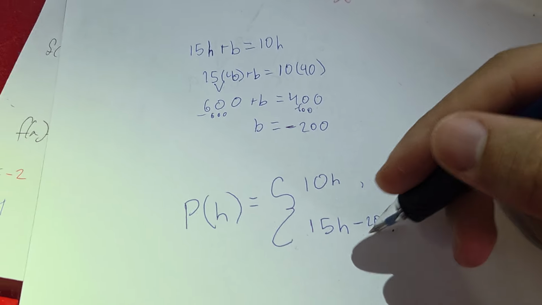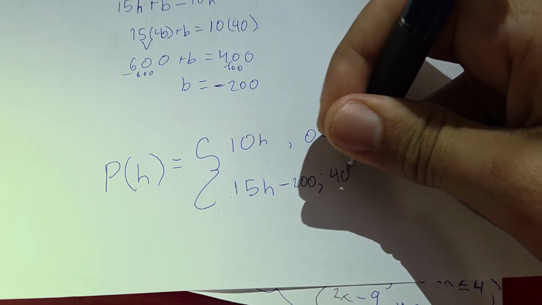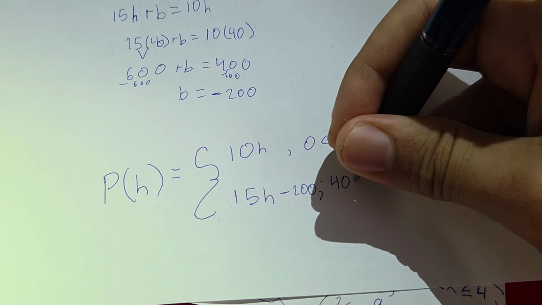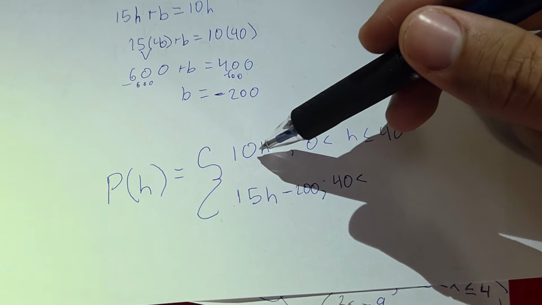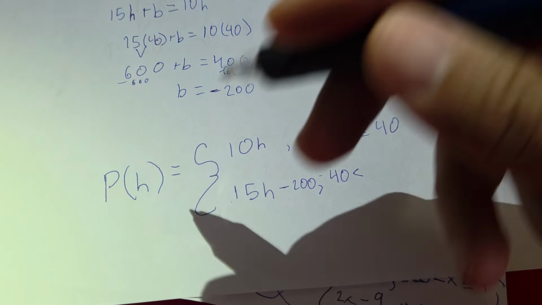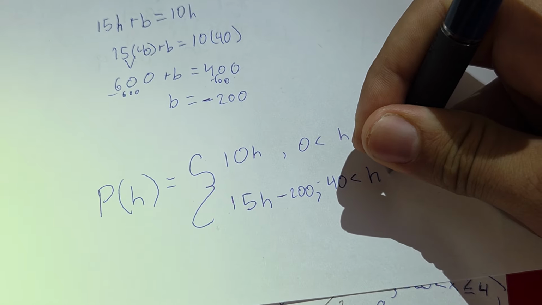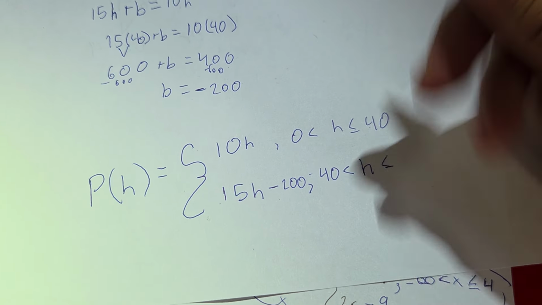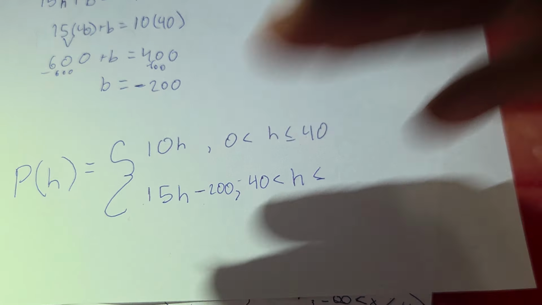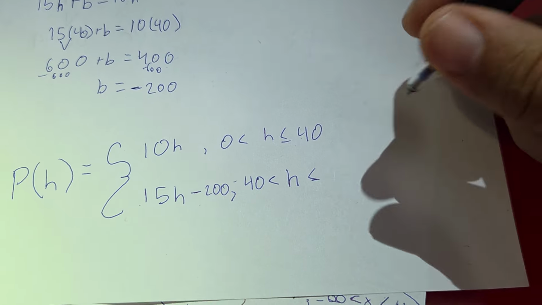And then where does this start? This starts kicking in at the 40-hour mark. So we have 40 less than h, because you only get $10 per hour at the 40-hour mark. Once you leave 40, you start making a little bit more. h is less than, here the book says it will go on forever, but you actually have a limited number of hours you can work in a week, right?